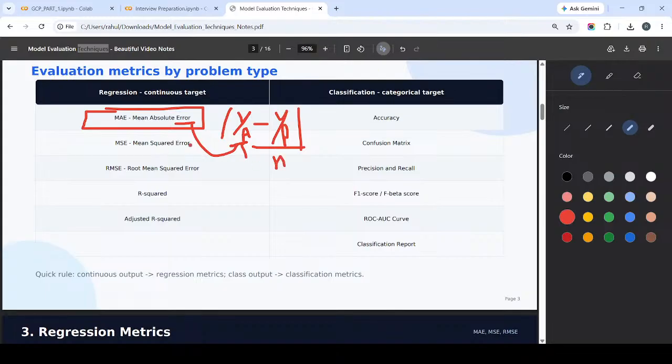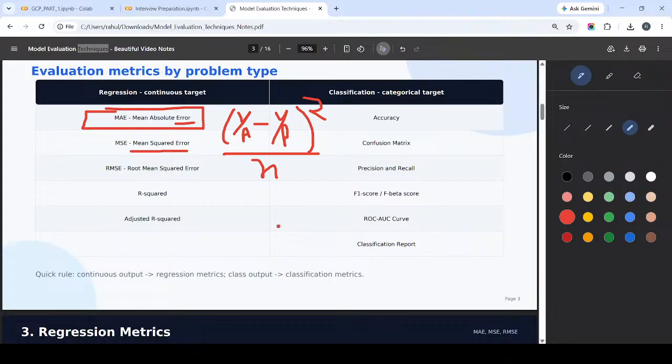Then comes the mean squared error. What is mean squared error? It is the average of the square of the difference between actual value and predicted value. If we take the square of this difference and do the average, then this is called mean squared error.